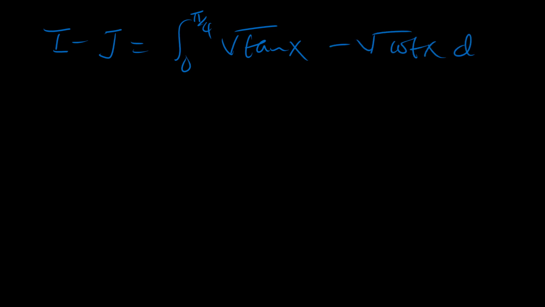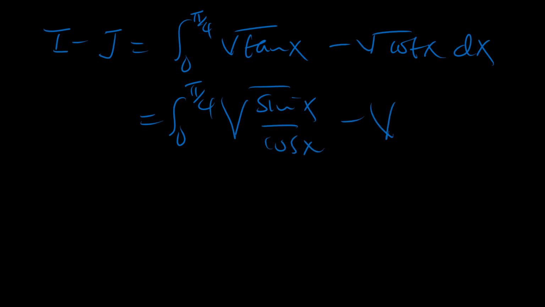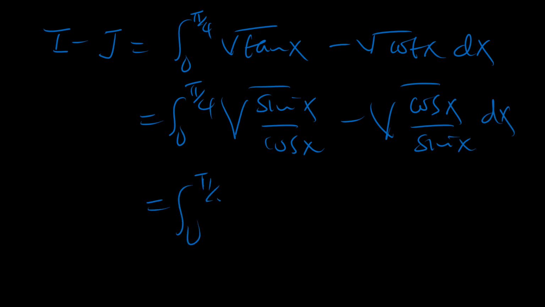So I minus j equals the integral from x equals 0 to pi over 4 of the square root of tan x minus the square root of cotangent x dx, which is the integral from 0 to pi over 4 of the square root of sine x over cosine x minus the square root of cosine x over sine x dx.